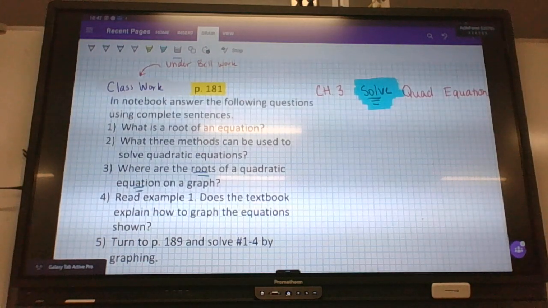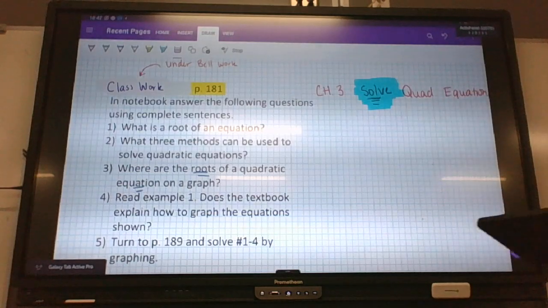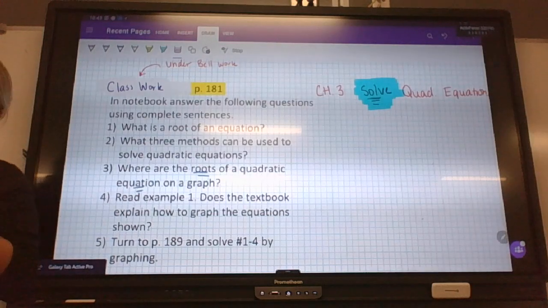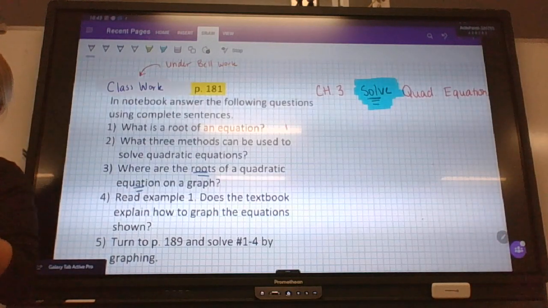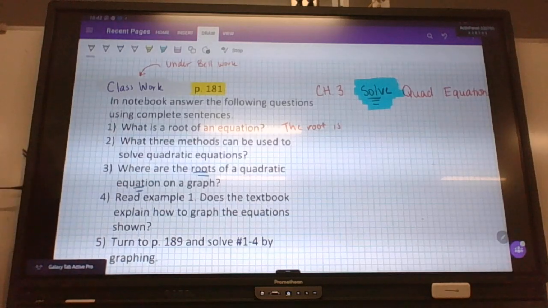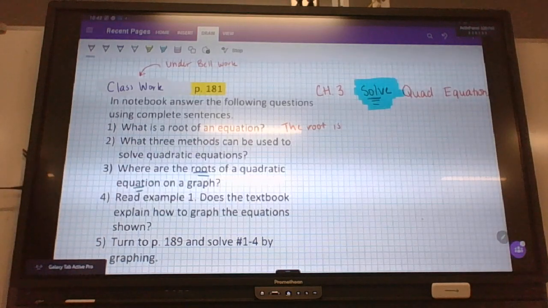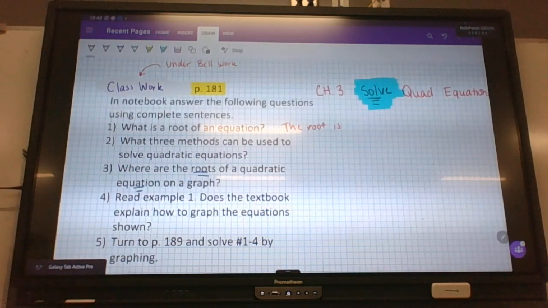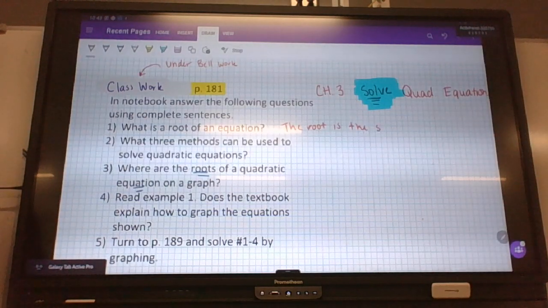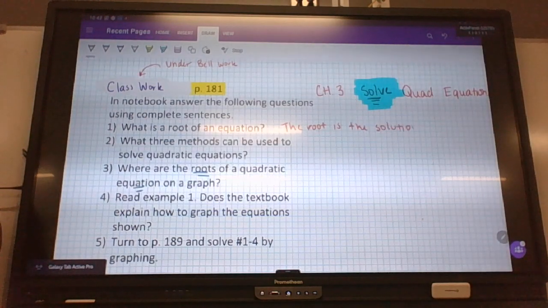Alright. It says on page 181 that the root of an equation is the solution of the equation. This is a vocabulary word. So on November 1st test day, one of your vocabulary words will be roots of an equation. You should just state it in a complete sentence.